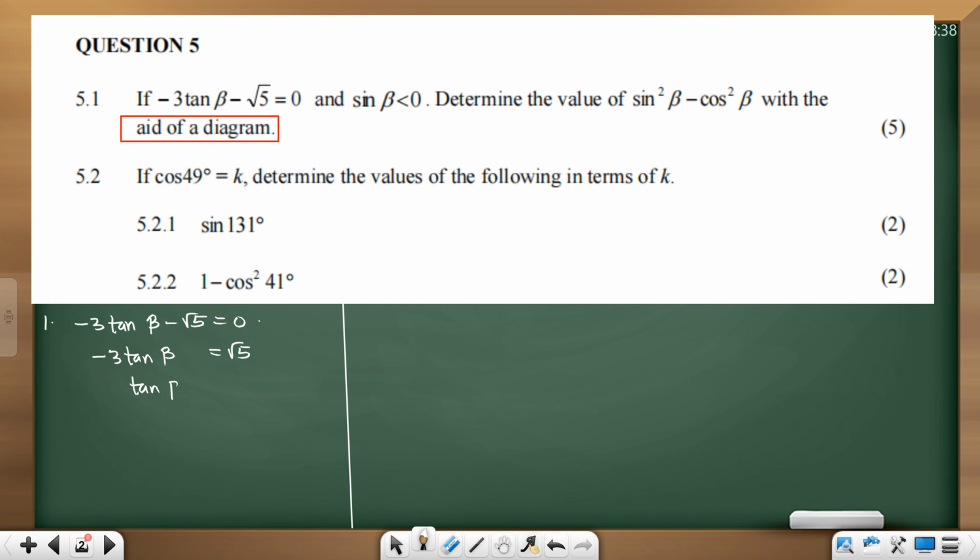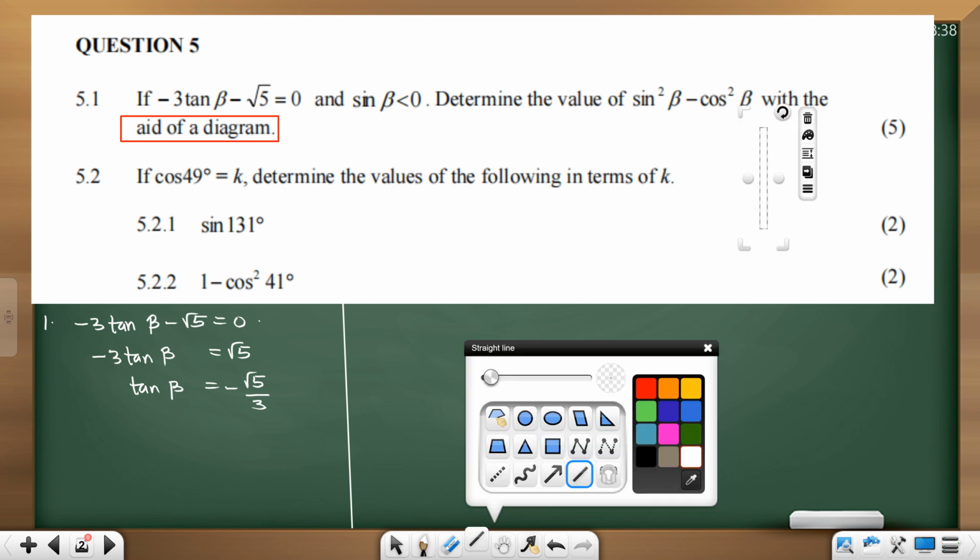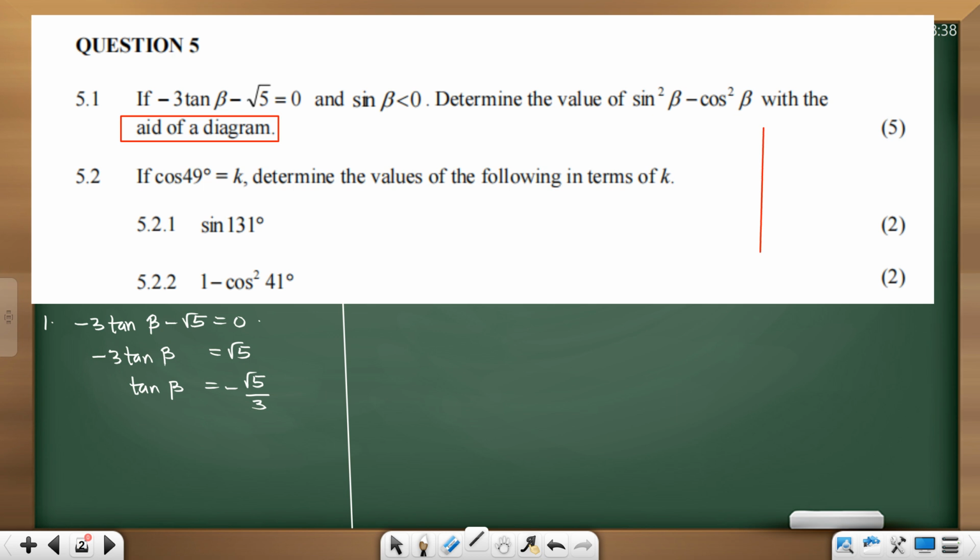Divide both sides by negative 3. What are we going to get? Negative root 5 over 3. Question: where is tan negative? I'm hoping you remember your quadrants. All students take coffee.